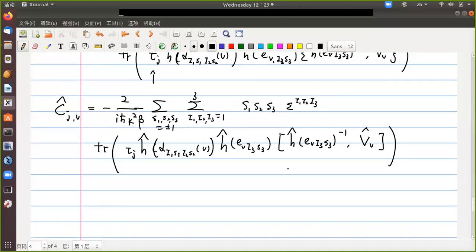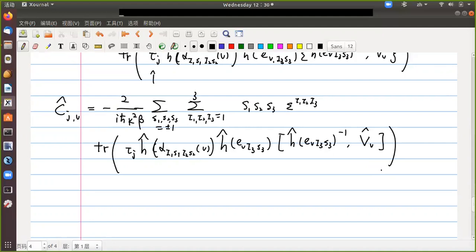Again, this expression is very much similar to the Hamiltonian constraint. But there is a difference between this expression and the Hamiltonian constraint: this is not exactly gauge invariant, but gauge covariant.